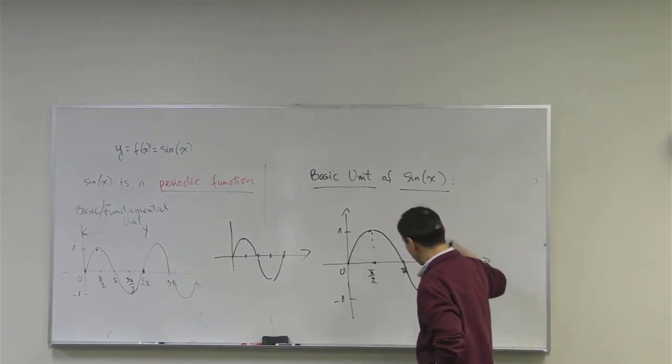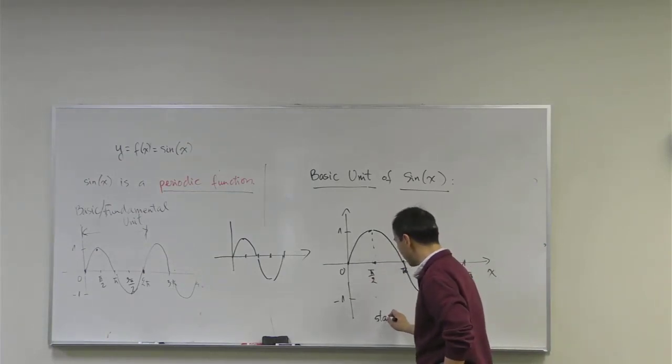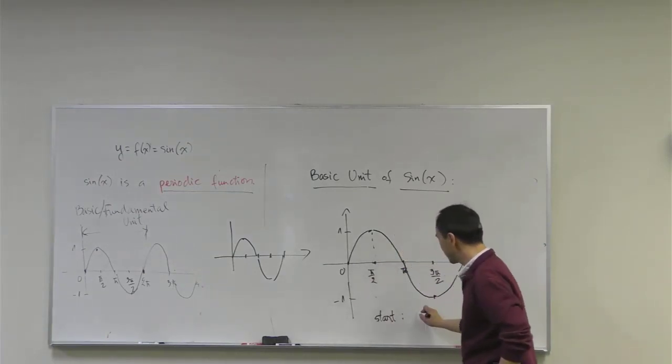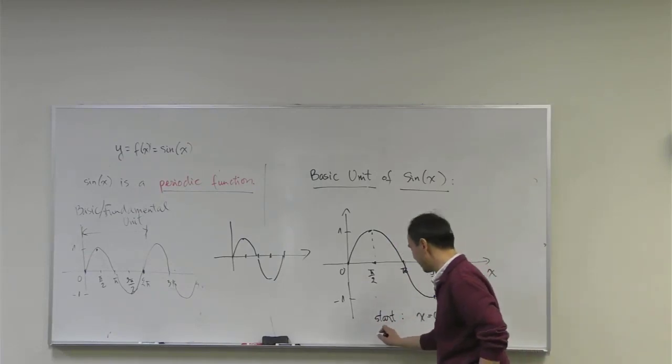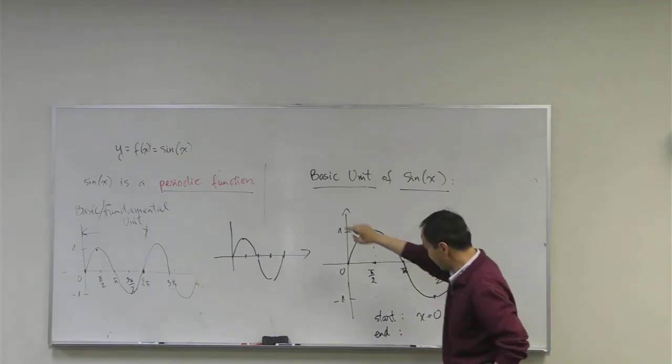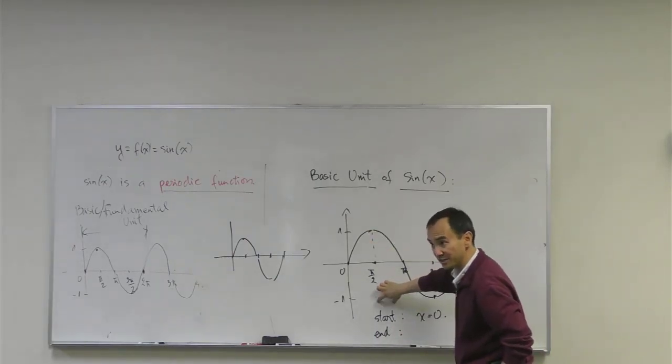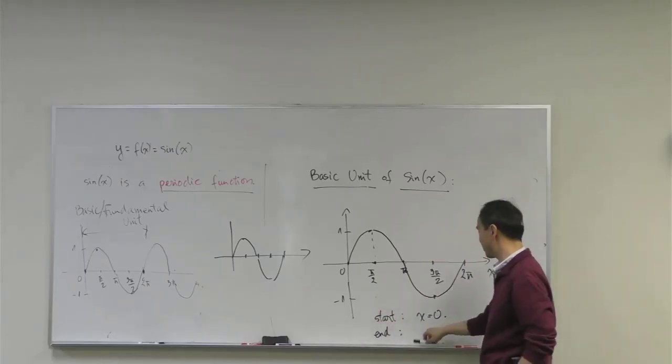So with this basic unit, where does it start on the input axis? It starts at x equals 0. Where does it end? I highly recommend you start clicking with these. Anytime you're looking at the sine of x function, nail down where the start is and where the end is. So where's the end right here?